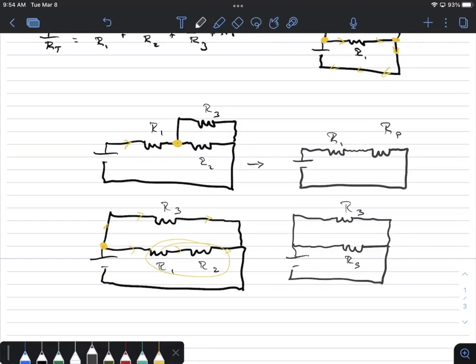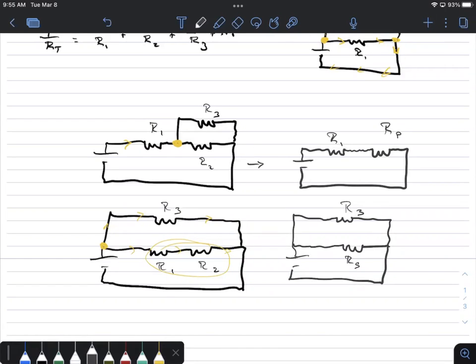And now I see what's in parallel. Now I can say R3 is in parallel with RS, our series. It wasn't in parallel with any of the individual R1 or R2, but it's in parallel with the combined thing. And so this is an example where I do the series part first, and then I do the parallel part.